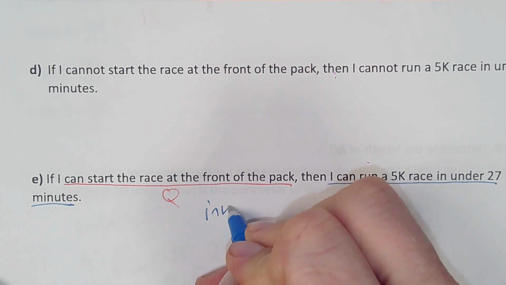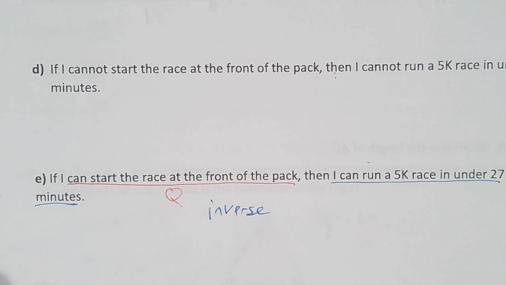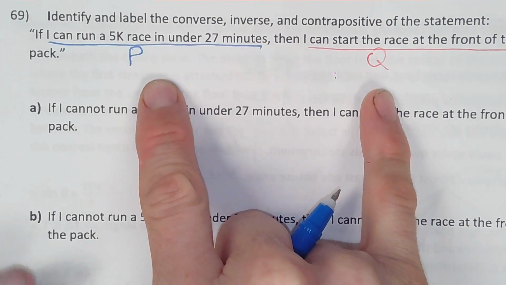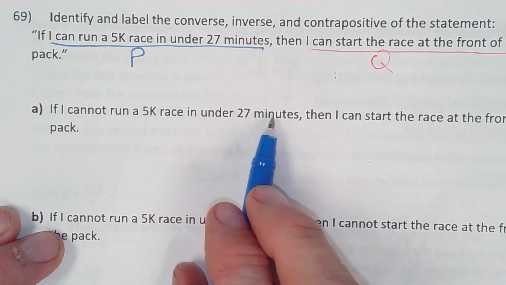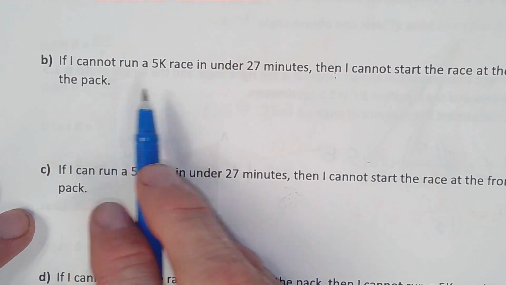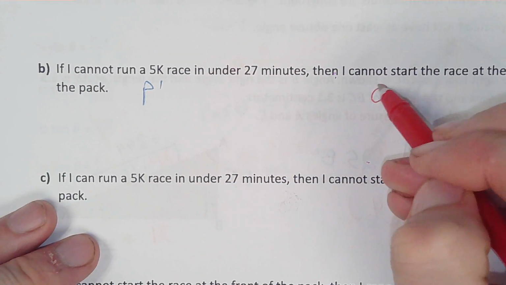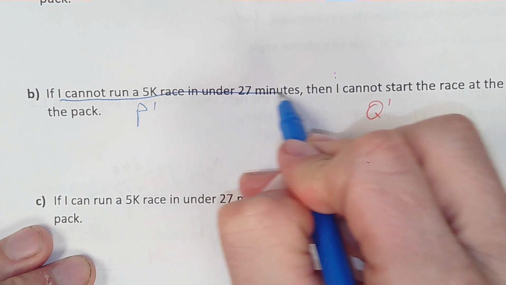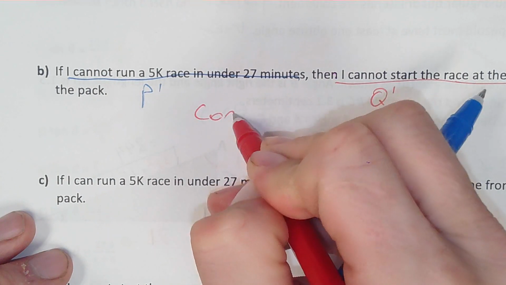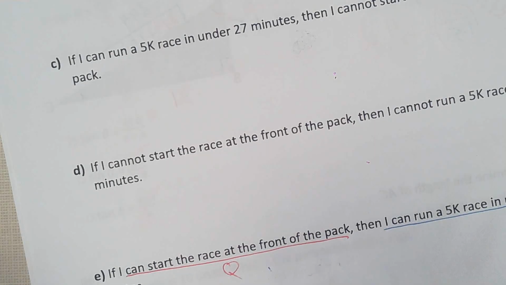This is our inverse, because it just flipped the two, but it didn't make them contrary. It didn't say it did not. A converse is when they say the same thing as these, but it says I cannot, so I cannot run a 5K, and I cannot start. So this is P not and this is Q not. That's the converse. This should be red, actually.